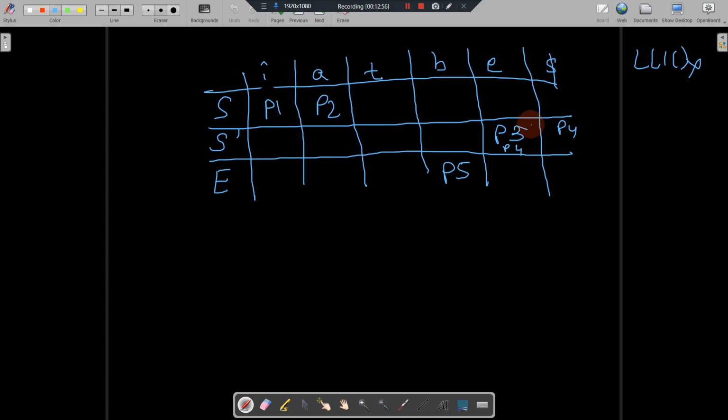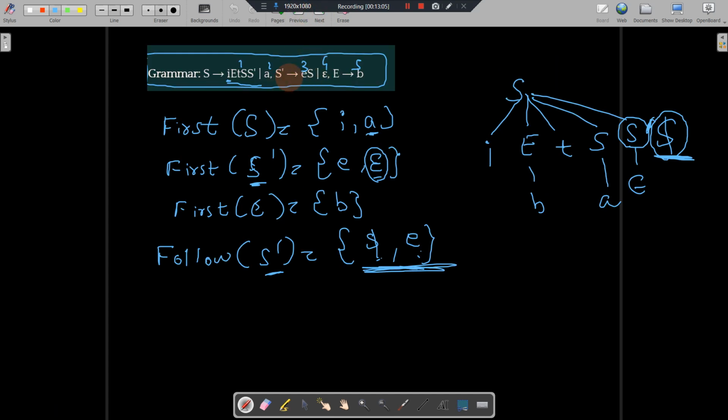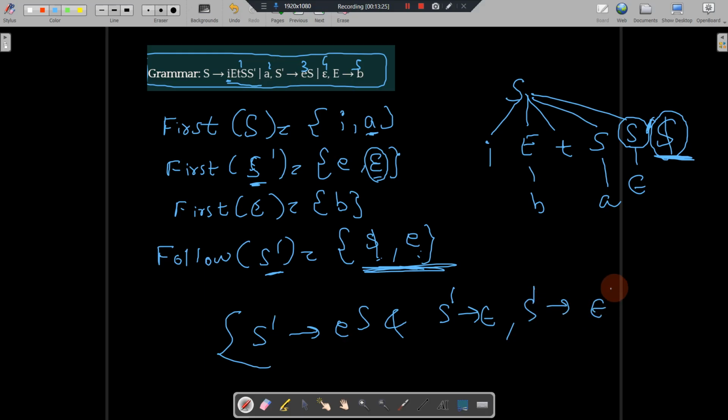For S dash, E, we have two entries, P3 and P4. That was S dash derives E S and S dash derives epsilon, these two. The next on dollar symbol, it is P4, that is S dash derives epsilon. So this is the answer.